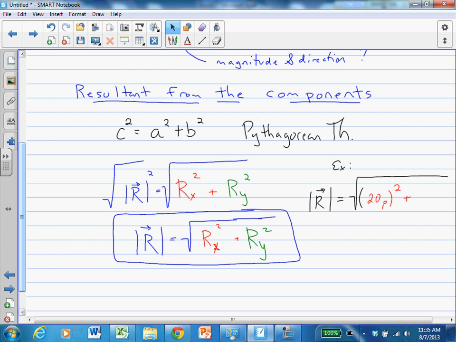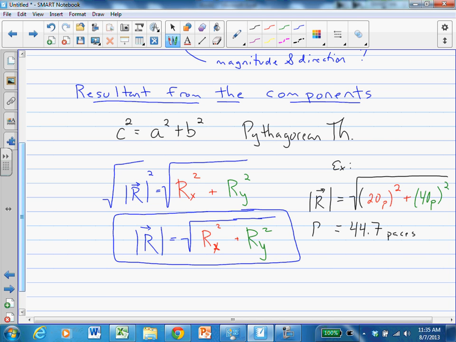If I enter that into my calculator, I'm going to enter the square root sign, parentheses, 20 squared plus 40 squared, close parentheses, and I get 44.7 paces. That's just the magnitude of that resultant. The direction we haven't found yet, but remember those thetas. So we can get back to that, can't we? Looking at those thetas, the angle will give us the direction.